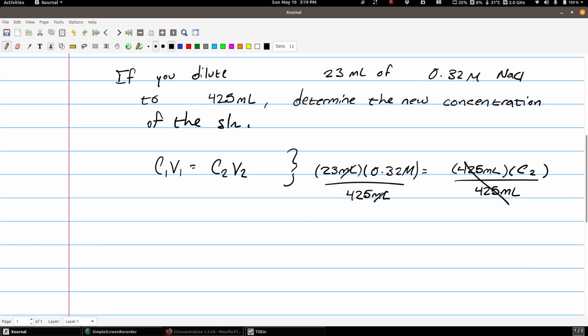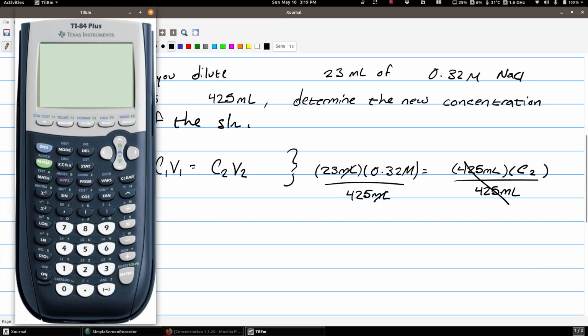So the milliliters cancels. Let's pull up the calculator. Now, you don't really have to use parentheses for the multiplication and division part, because the multiplication's on top, but I'm going to do it anyways just for good form. 23 times 0.32 divided by 425 milliliters.